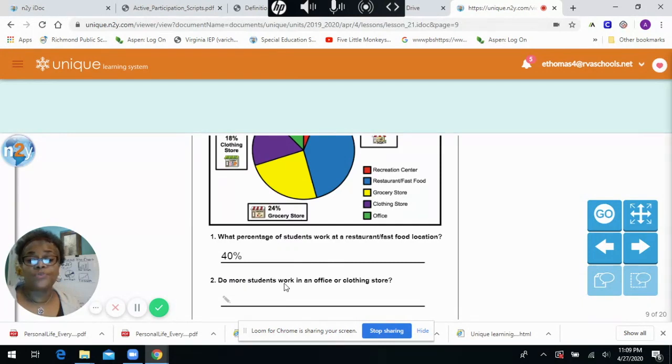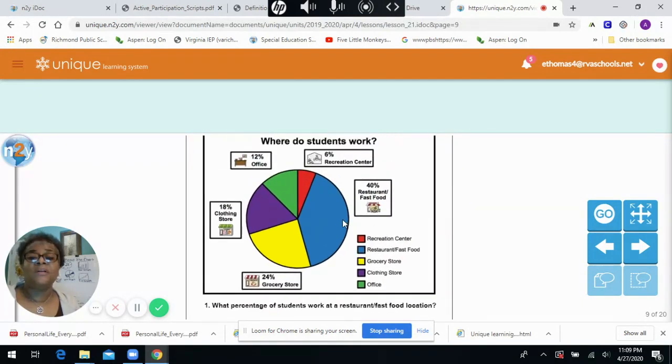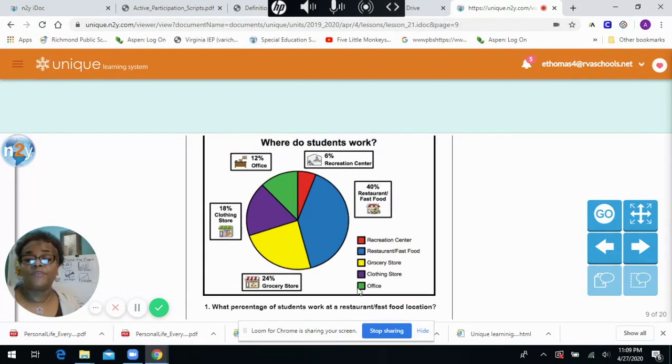Do more students work in an office or clothing store? All right, so more students work in the office, that's the green one, or the clothing store, the purple one. Which pieces are bigger? We're looking at the picture. So the purple one, let's go down to our ledger. This is called a ledger.